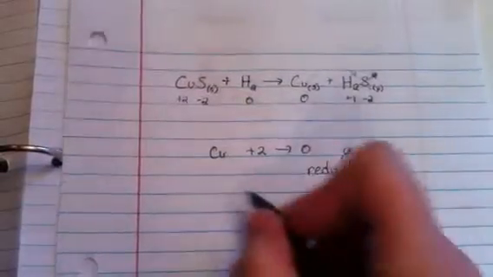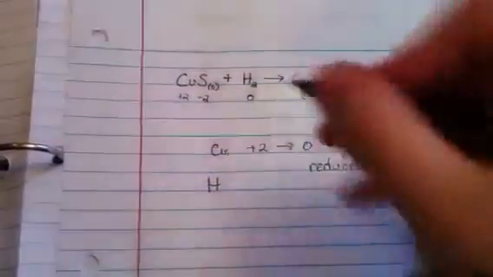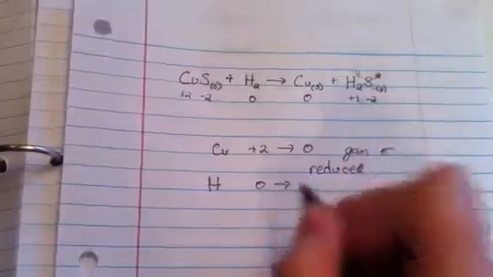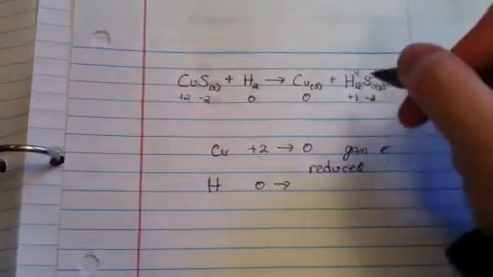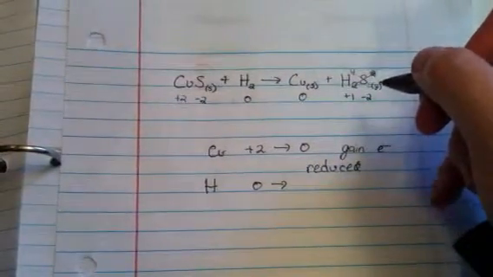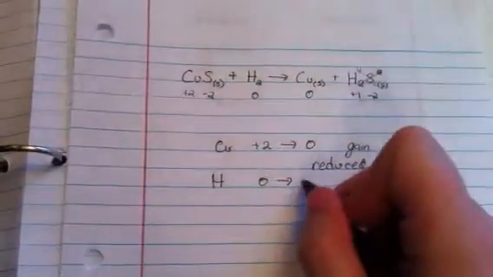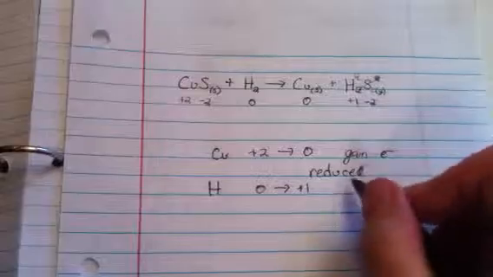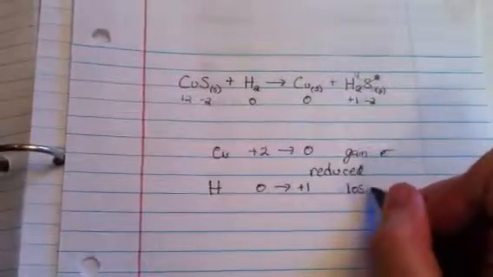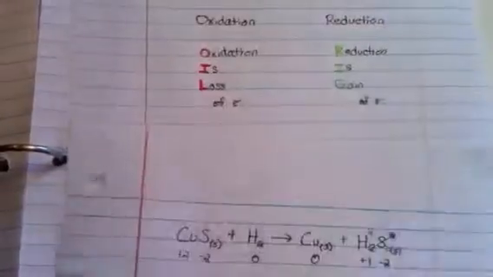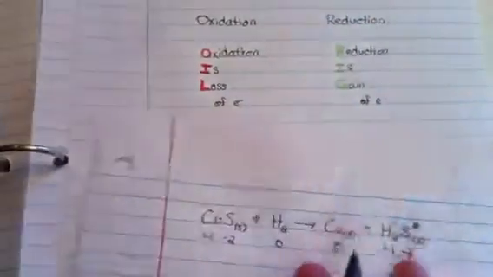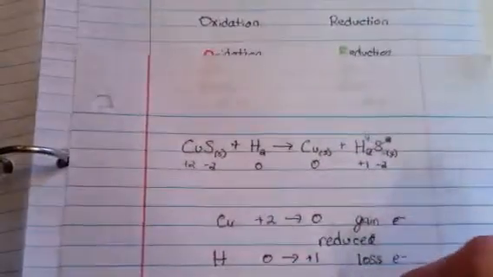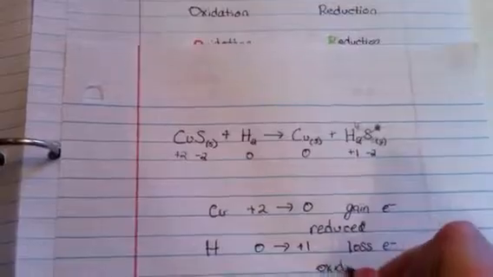Let's look at hydrogen. We're going from a 0 charge to a +1 charge, sorry. Because we're becoming more positive, we're losing electrons. We look at OIL RIG, loss of electrons, oxidation.